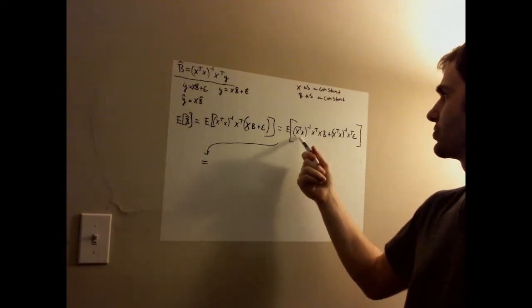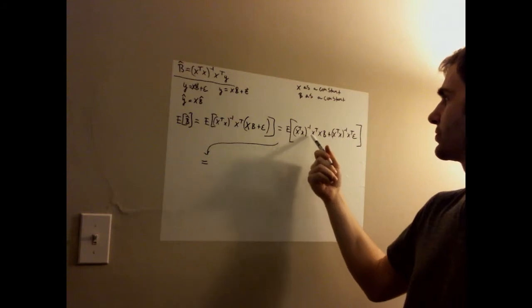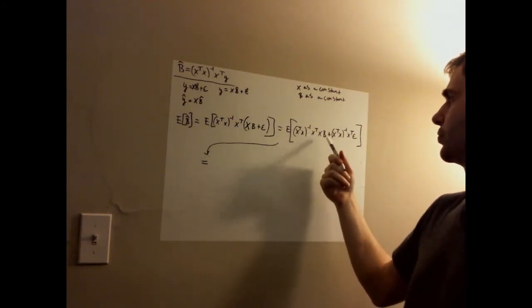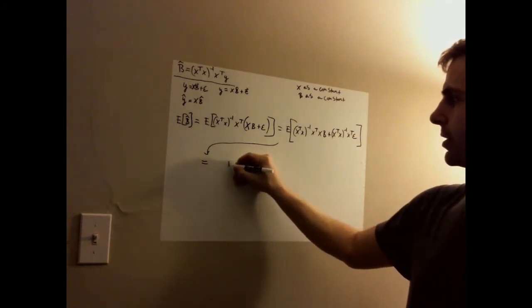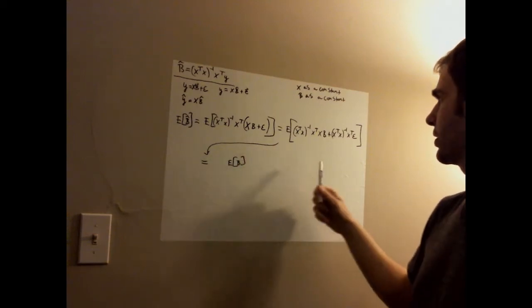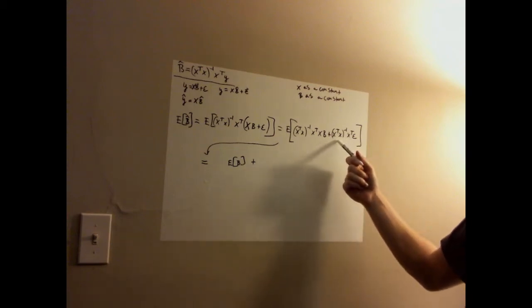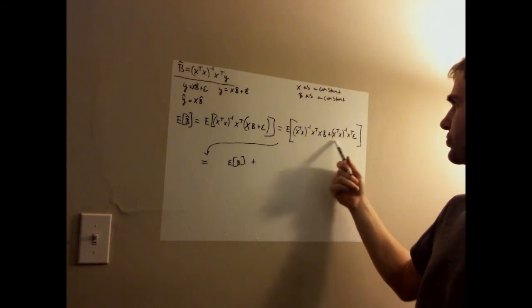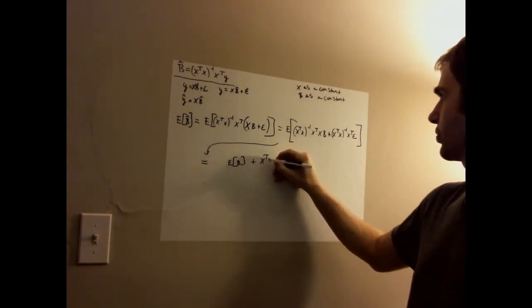Also note that this is the inverse of this multiplied by the thing that it's the inverse of, so that'll be the identity. So we're going to end up with the expected value of beta plus the expected value of all of these terms. And this first part is just a bunch of constants, so we'll write this out really quick.